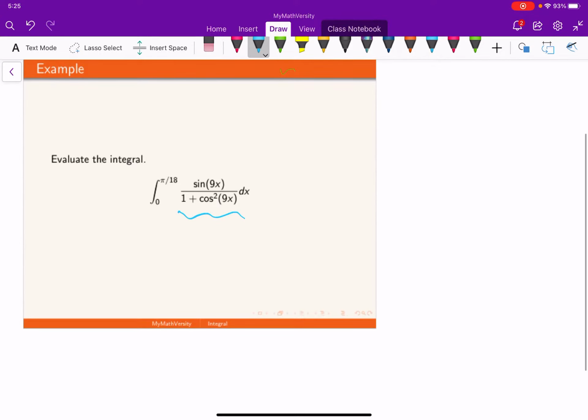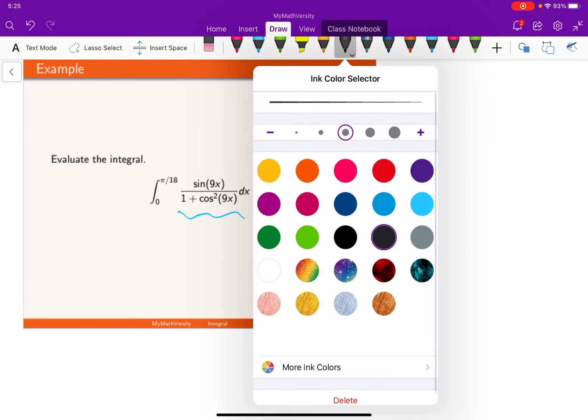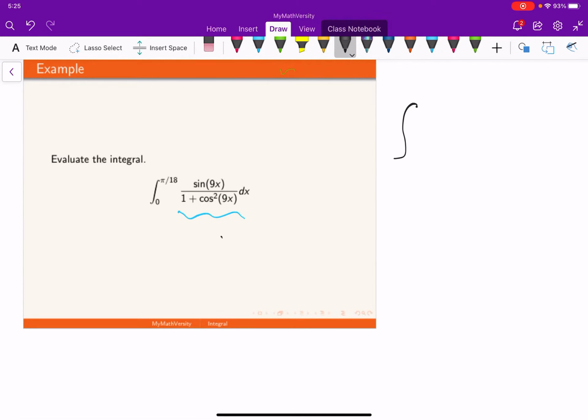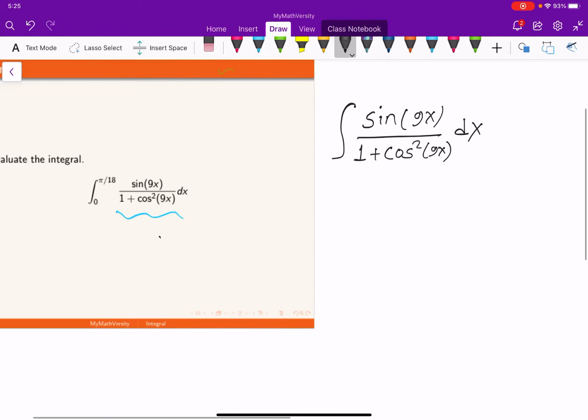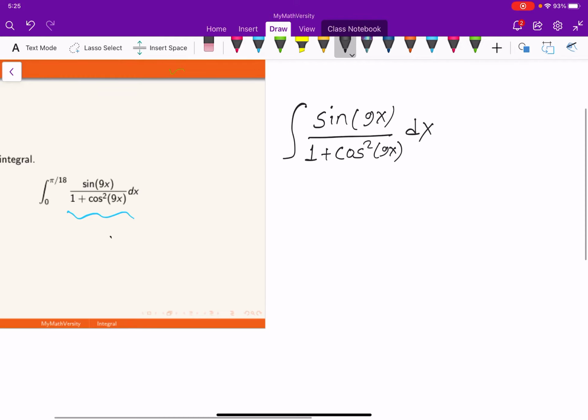First, just focus on finding the antiderivative of the function sine of 9x over 1 plus the square of cosine 9x. Once we have that, we can use the fundamental theorem of calculus.